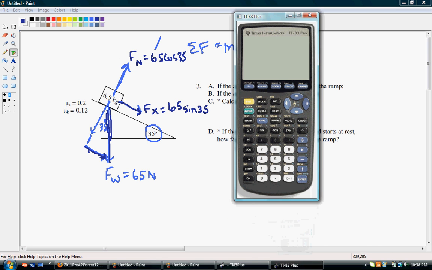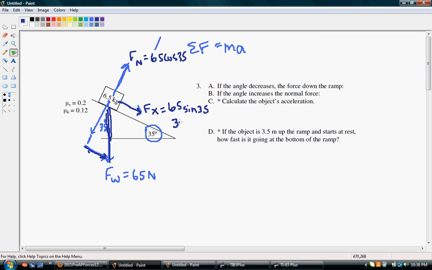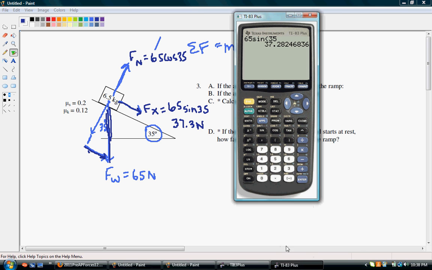We're going to make sure that our calculators are in degree mode. Mine currently is. And I'm going to type in 65 sine 35 to get my x. So that's 37.3 newtons. And I will plug in 65 cosine 35 to get my normal force, which is 53.2 newtons.